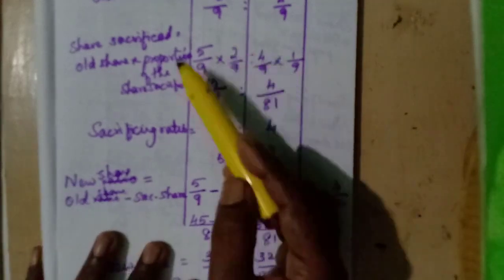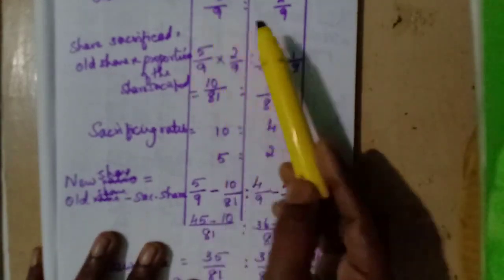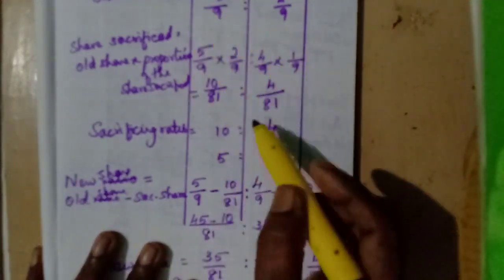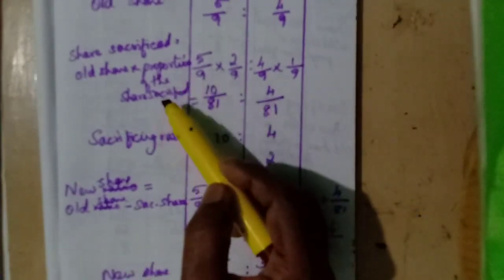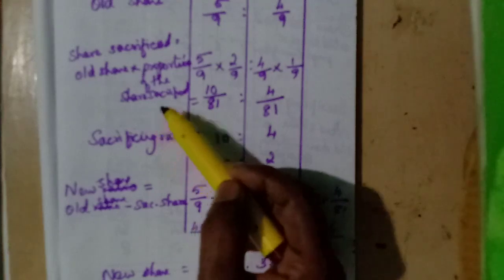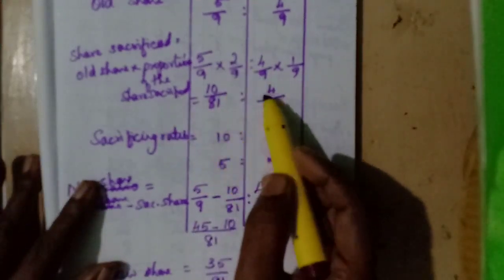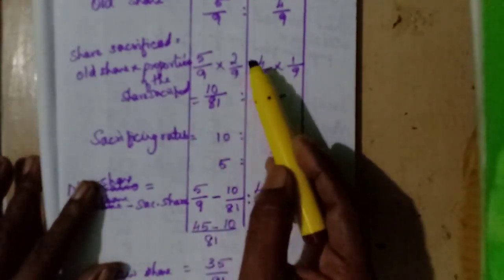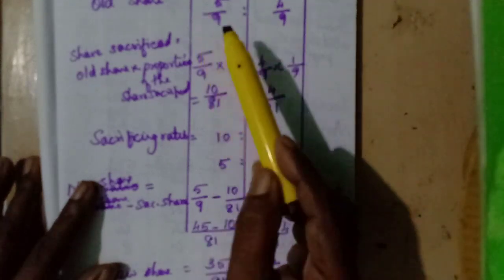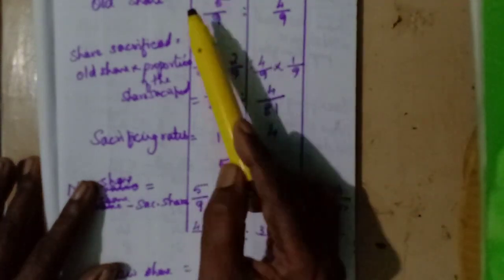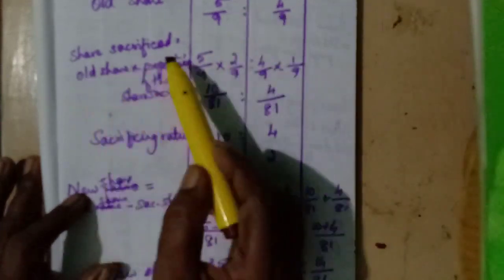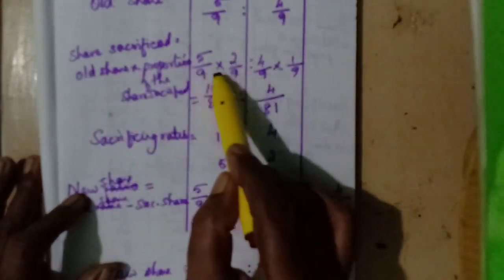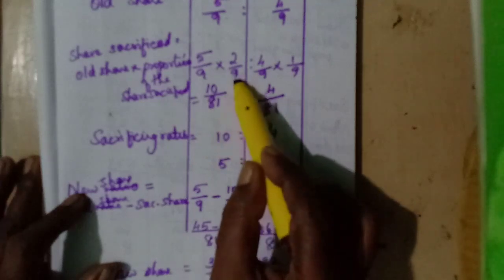Okay. Next method, here proportion of the shares sacrificed is given. Okay, they have given. Then old share ratio, old share we will calculate. Okay, share sacrificed: old share into the proportion of the share sacrificed.